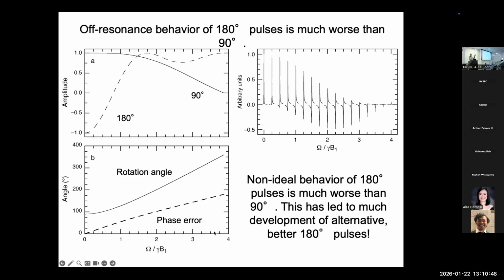So the B1 field is tilted somewhere, but during the time that you apply a 90-degree pulse on resonance, the off resonance magnetization is going to rotate by 360 degrees, in which case it looks like it comes back to the z-axis, like nothing happened. And that's the cheap way of getting selectivity.